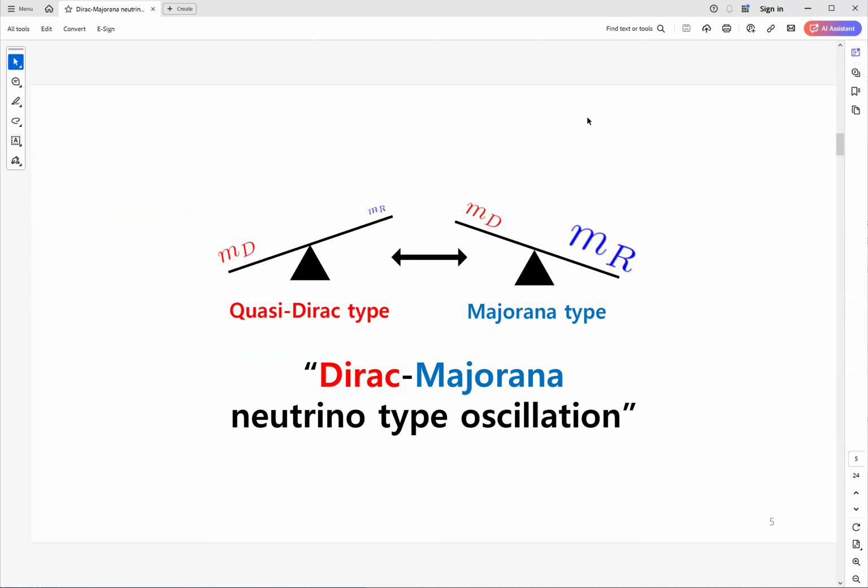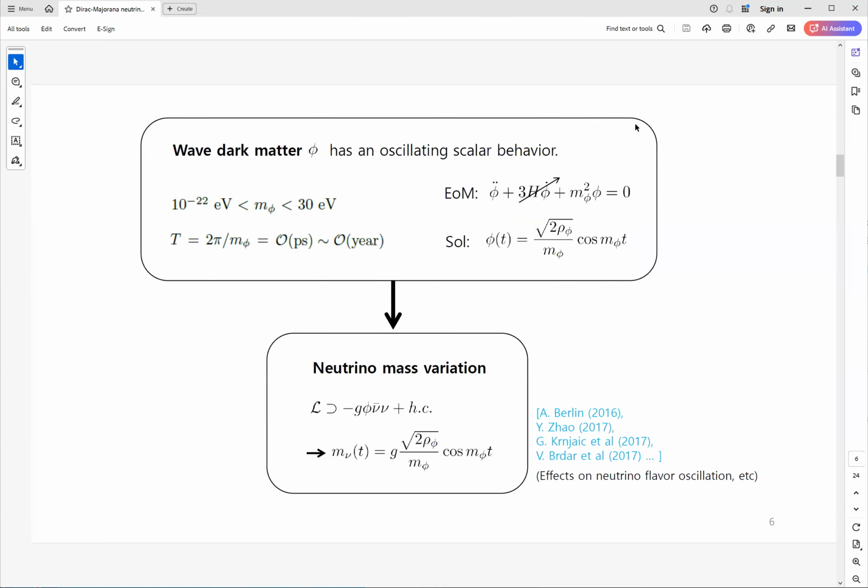We consider that if the Majorana mass term changes in time, then the neutrino type can oscillate between the pseudo-Dirac type and the Majorana type. We call this the Dirac-Majorana neutrino type oscillation. Such a neutrino type oscillation can be realized if we consider a mass variation scenario. Such a mass variation scenario of a particle is often established by using wave dark matter, which has oscillating scalar behavior.